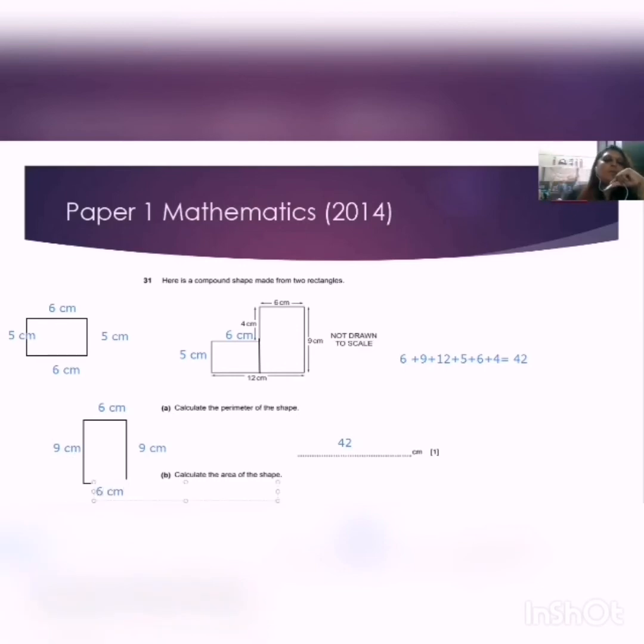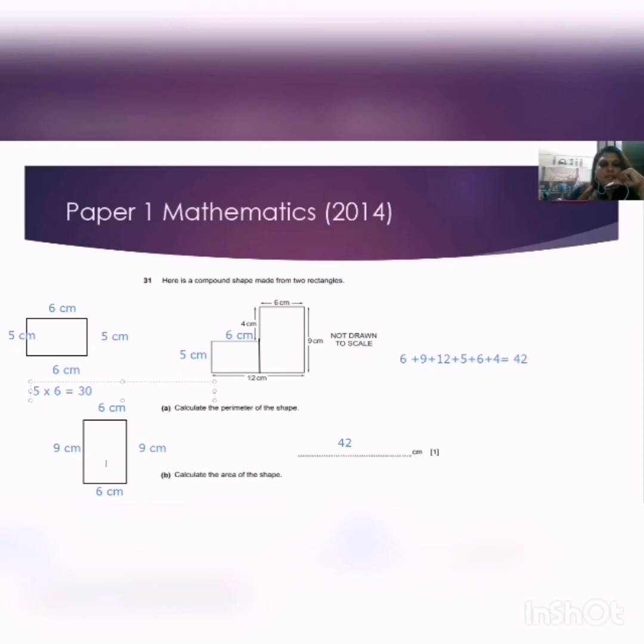Now how are we going to calculate the area of the shape? We are going to multiply height and width. Look at this height. The height is 5 centimeters, right? And we multiply it with the width, which is 6 centimeters. What we'll get is 30 square centimeters, right?